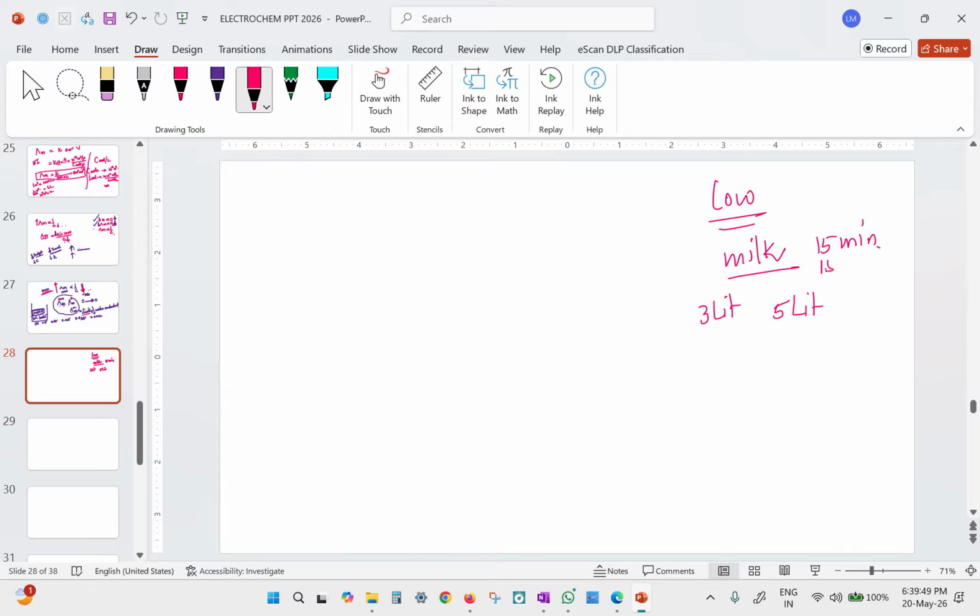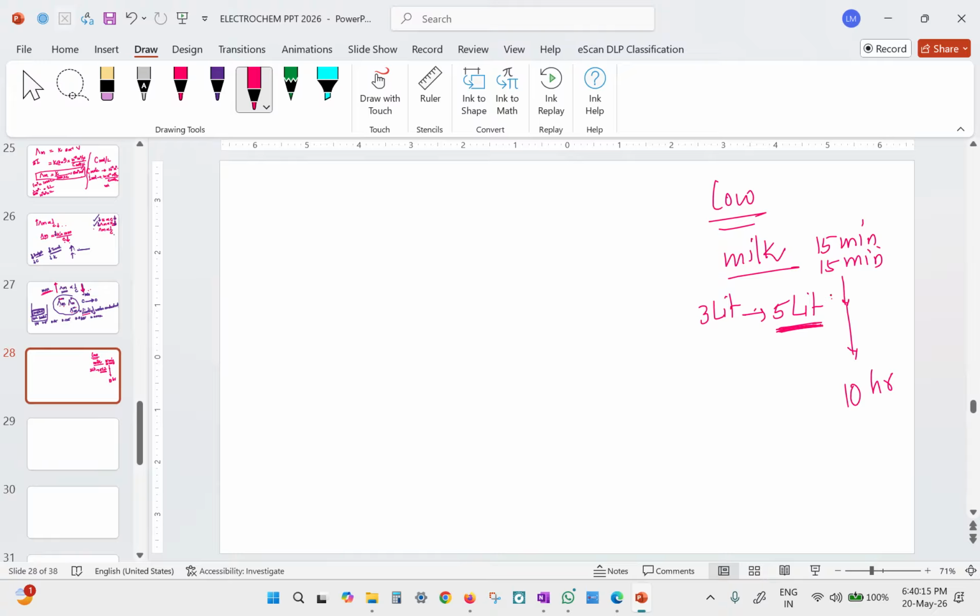I milk it for 15 more minutes. I get around 4 liters. Then the poor cow will not yield to my force. So I'm continuously milking it. Maximum it is able to give 5 liters. After 5 liters, what can it do? I can milk for 1 hour also, or 2 hours, or 10 hours also. Will the amount increase?